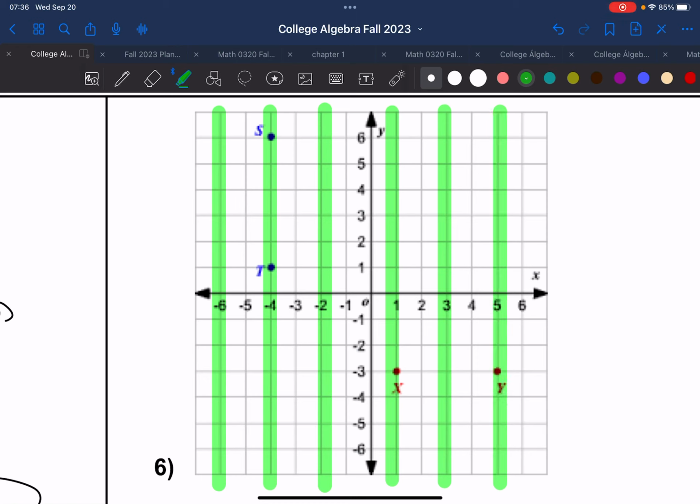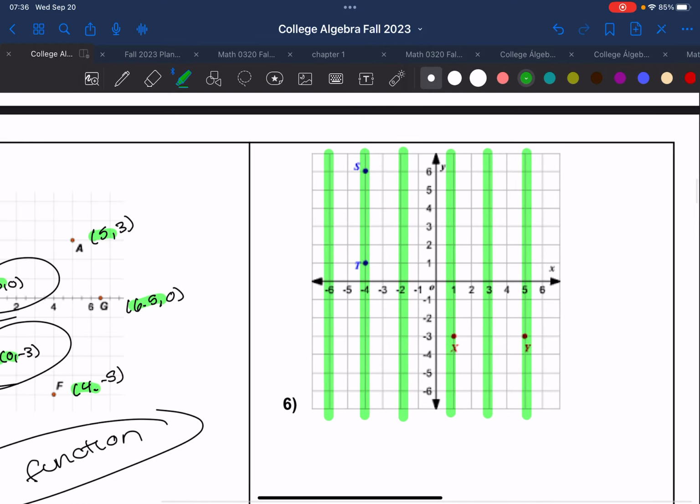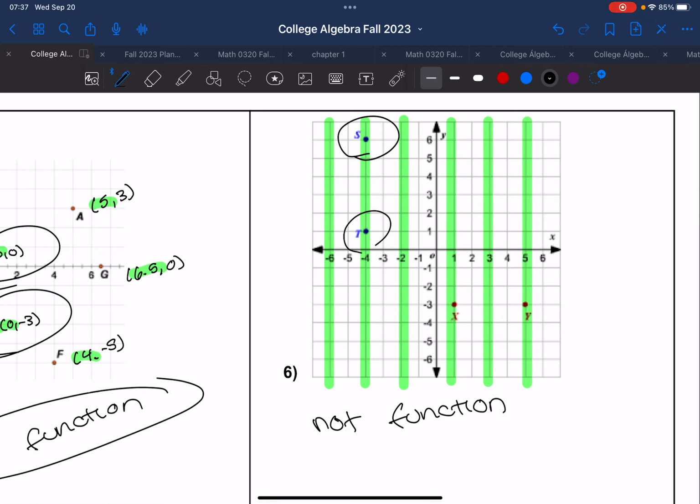So if this was a function, it would only cross through 1 point. Okay? If this is not a function, then it's going to cross through 2 points. So what is this? Not a function. So this is not a function because it crosses through the S and the T at the same time.